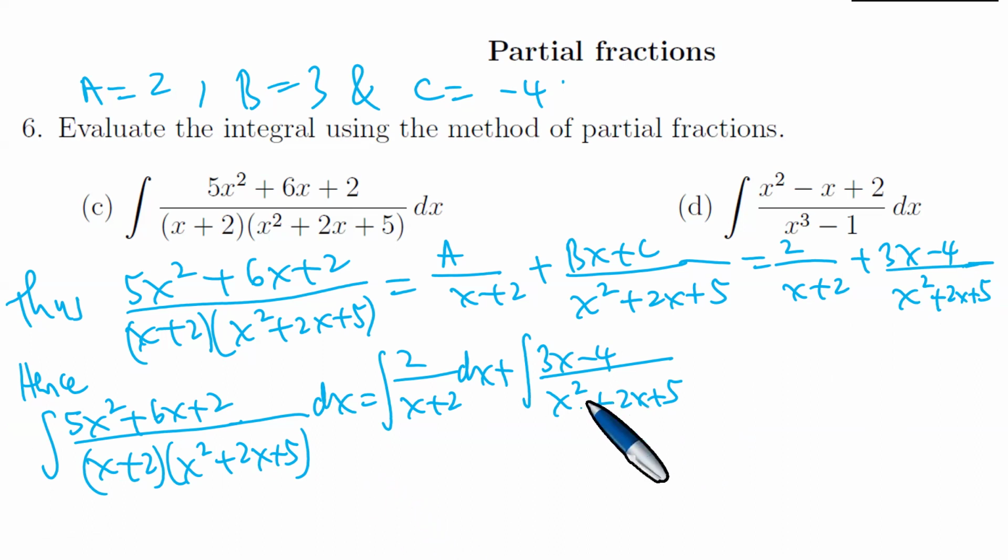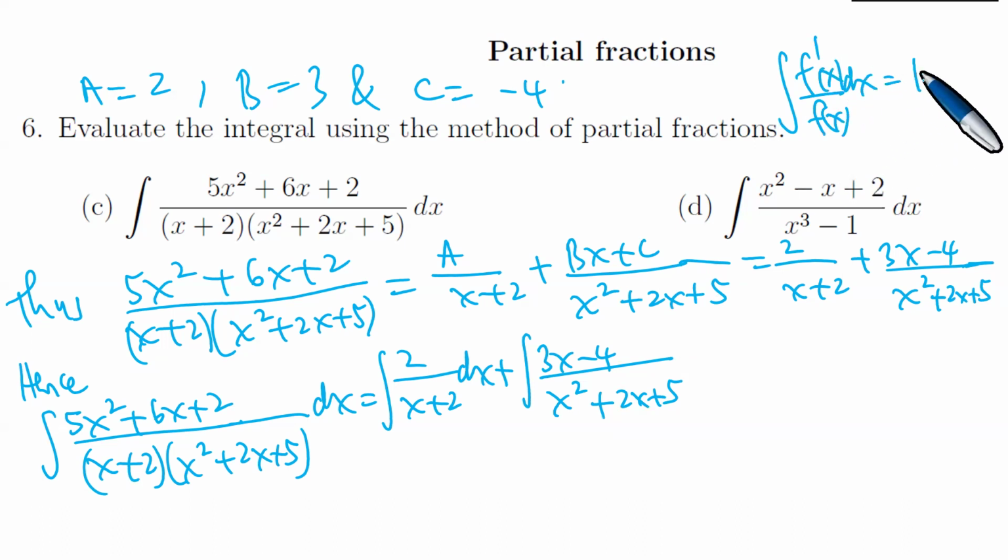Okay. Now, when you get to this point, you need to integrate this one. But now to integrate this one, the derivative of these is 1. There's a formula that says that if you have f of x whose derivative is in the numerator, the integral becomes ln of the modulus of f of x plus c.